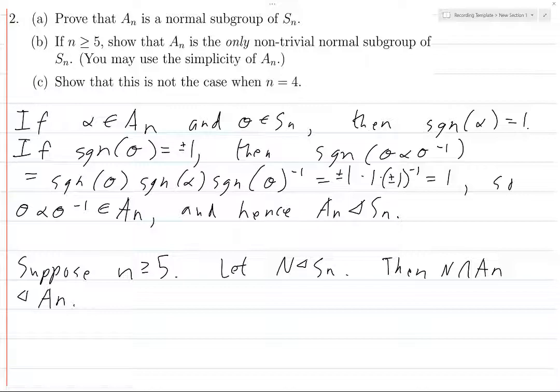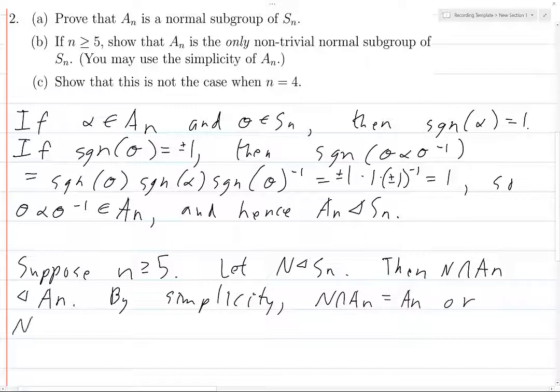The results from the first paragraph basically give us this. Okay, so by simplicity, we have N intersect A_n equals A_n, or N intersect A_n equals just e.